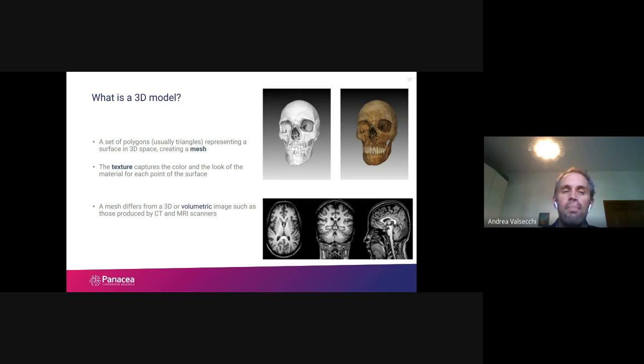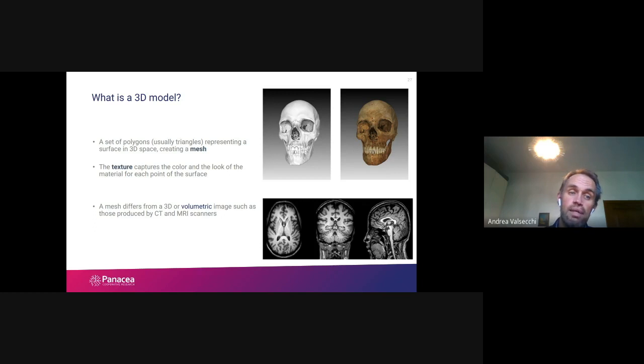But we don't get information about everything that is inside the surface, right? So what I said so far applies only to 3D models, so 3D meshes, not volumetric images.